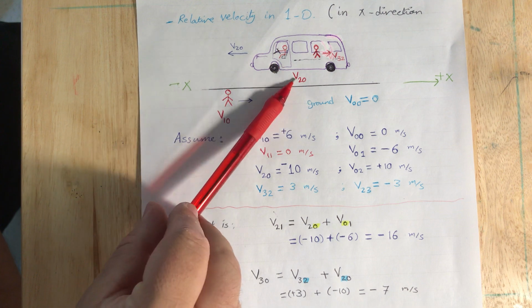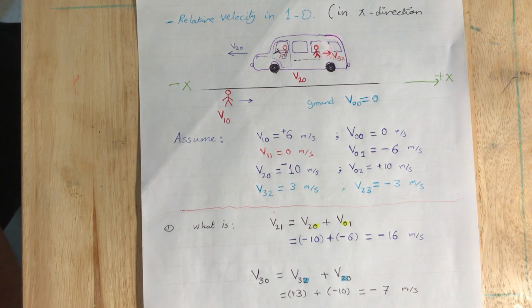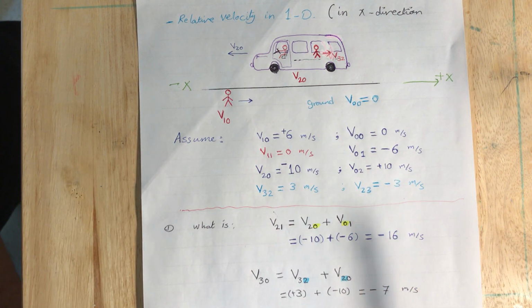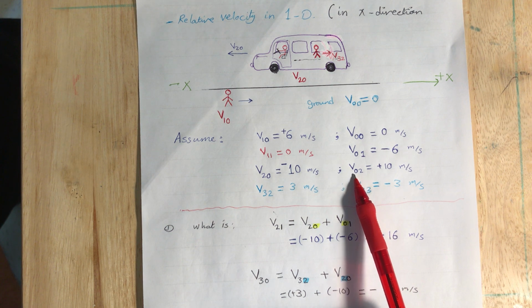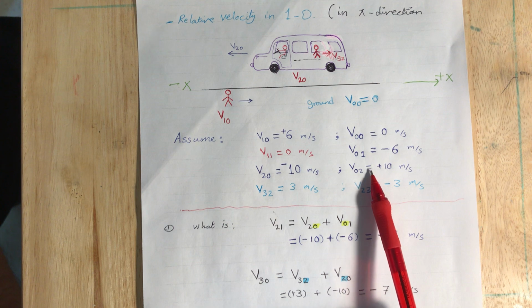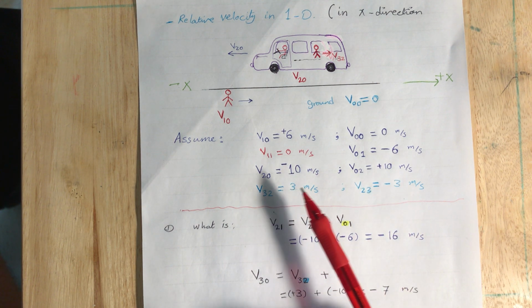So v2 with respect to ground, v20, is equal to negative 10. What is the velocity of the ground with respect to the bus? It is v02. The velocity of the ground with respect to the bus will be positive 10, not negative.